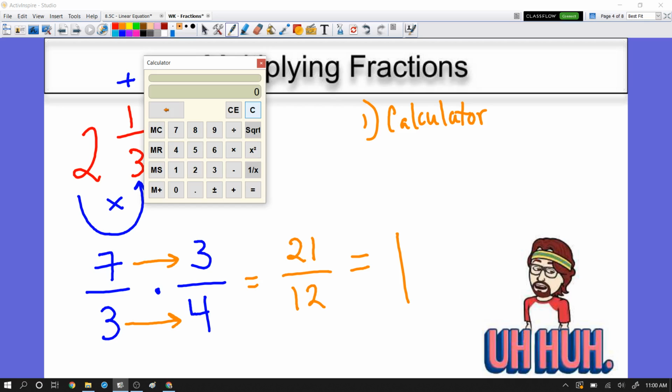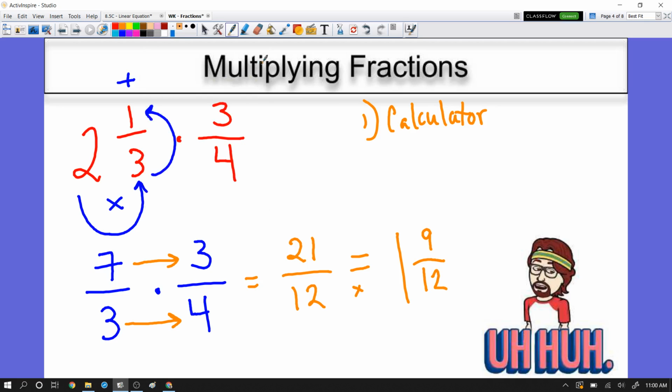So let's figure it out. 12 times 1 is 12. Okay, so how far away from 21 is that? That means we're going to do 21 minus 12. Get 9. Keep your denominator. Same thing. And then we can simplify this by looking at the multiplication chart.